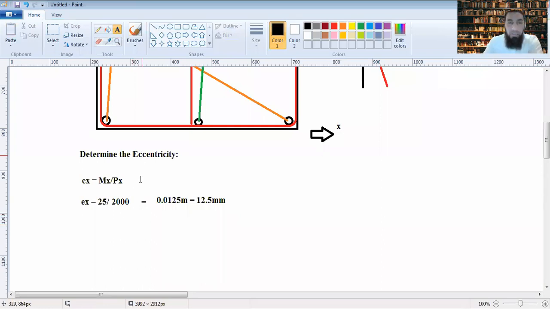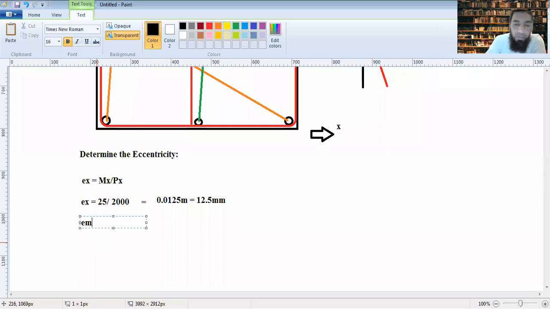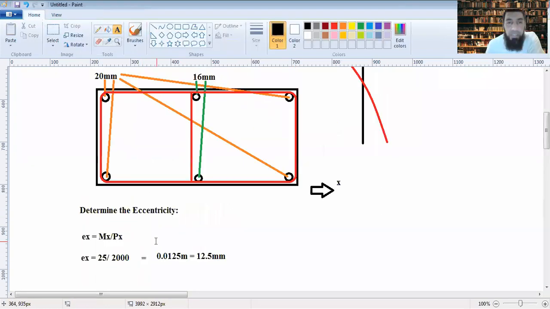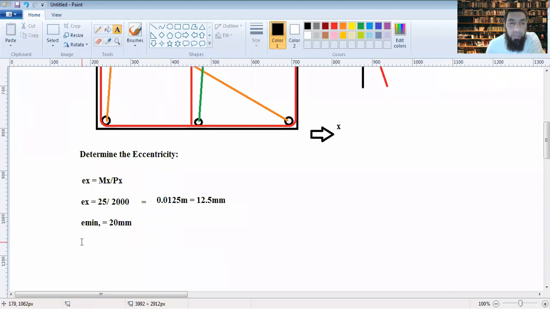Now, does anyone recall what is the minimum eccentricity that you require as per code? How much is the minimum? 20 mm, or 0.5 D. Yes, but at least it has to be a minimum of 20 mm.